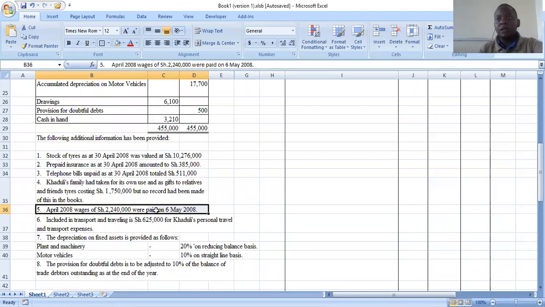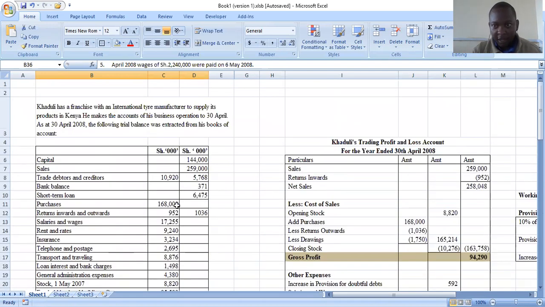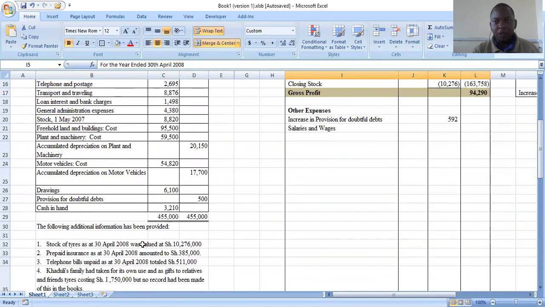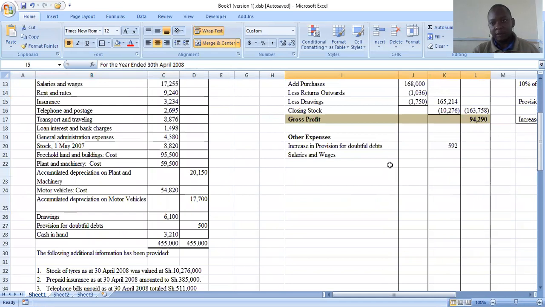So the period that is subsequent to the current period. So you have to adjust for this.